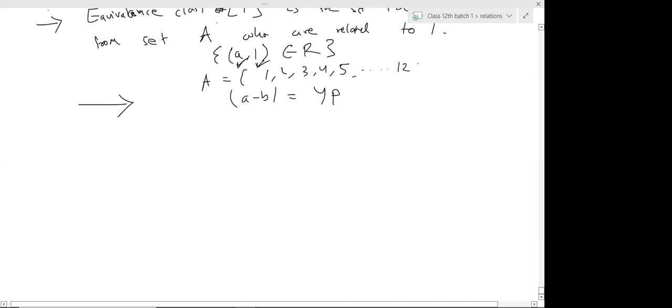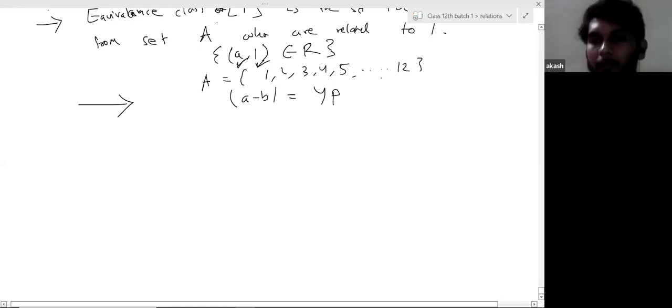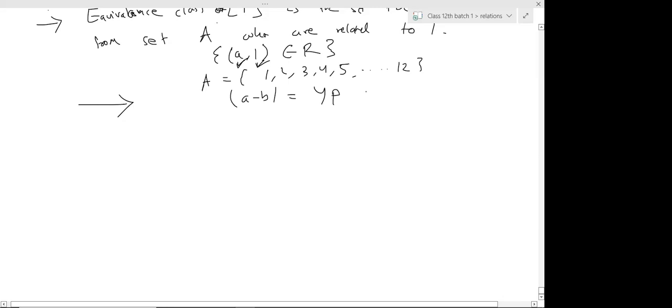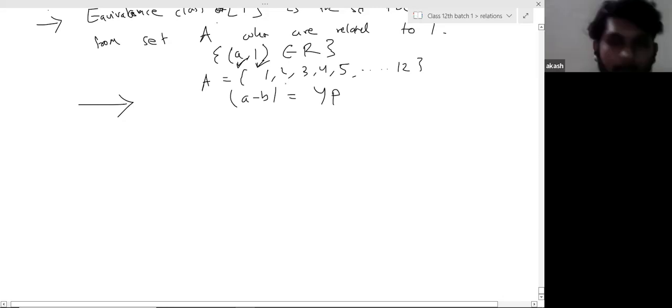So 0 less than or equal to x less than or equal to 12. So 1 to 12. They are saying less than or equal to, so we have to take 0 also. Now we have to choose all the ordered pairs where 1 is one element. Can anyone tell me what the equivalence class of 1 will be?